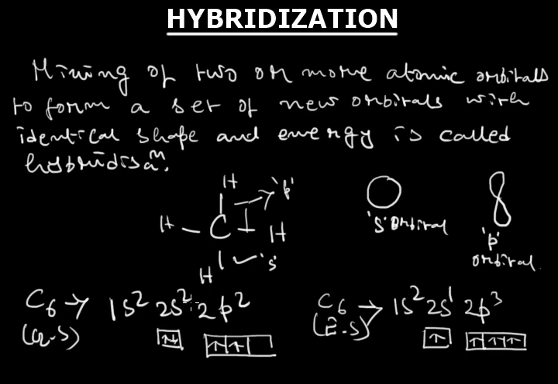So a new concept is required, which indicates that no pure s or p orbitals are there. There is a free mixing of s and p orbitals, which results in the formation of 4 hybridized orbitals. In case of methane, the s orbital is mixed with p orbitals.